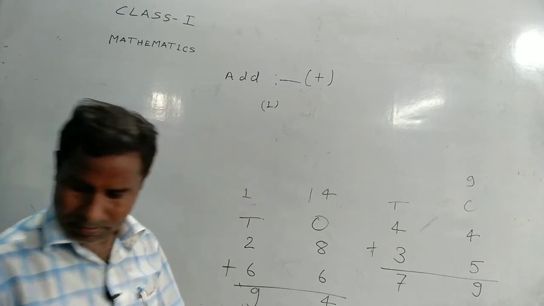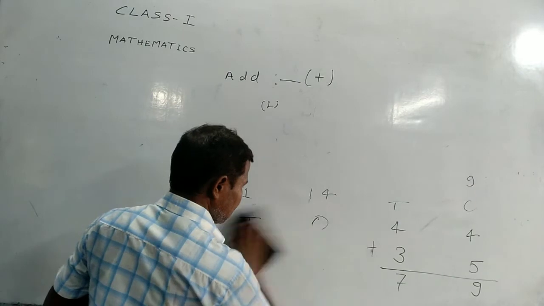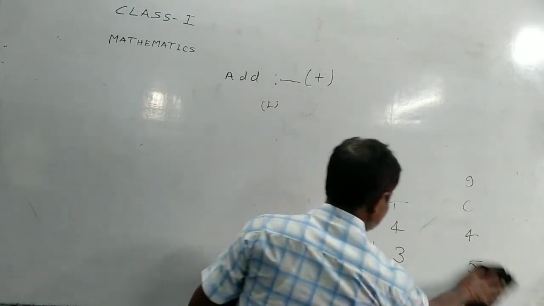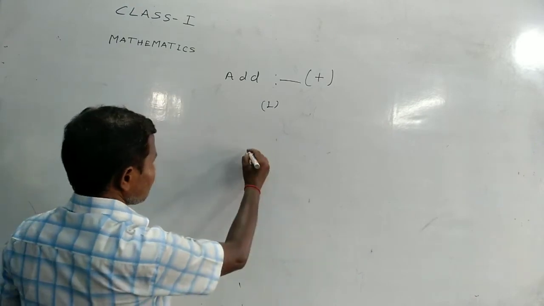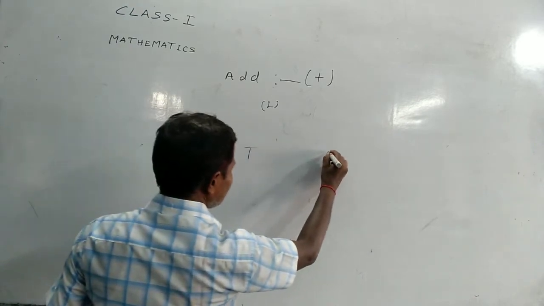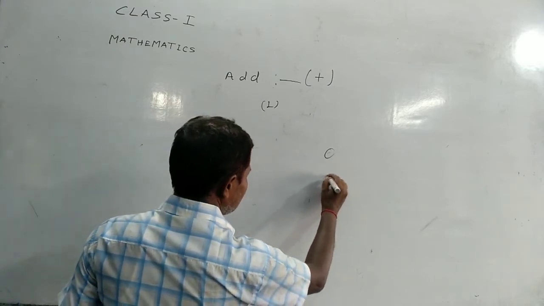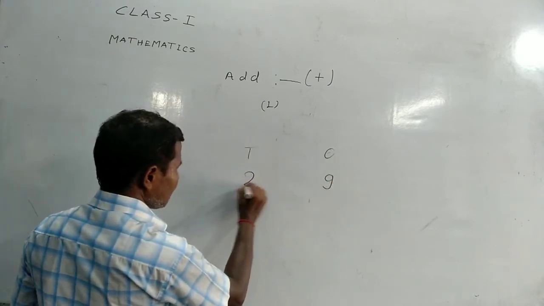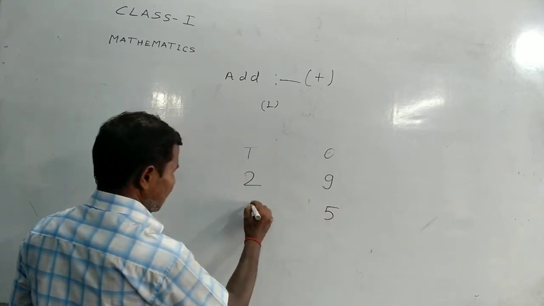Next, the last example is here. Tens, ones, 9, 2, 5 and 6.